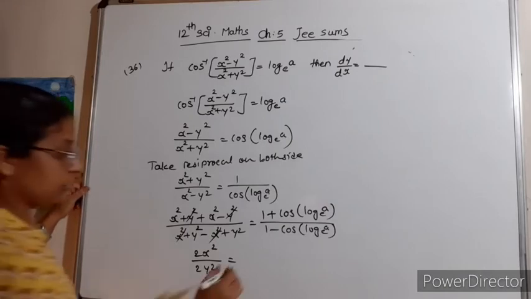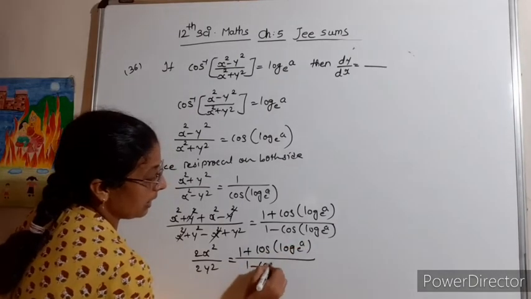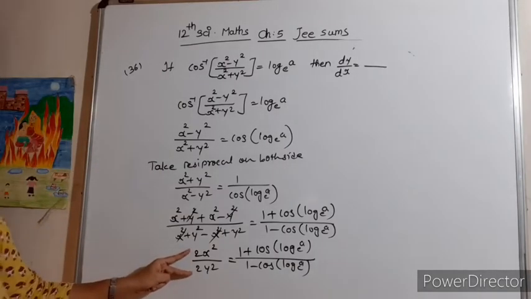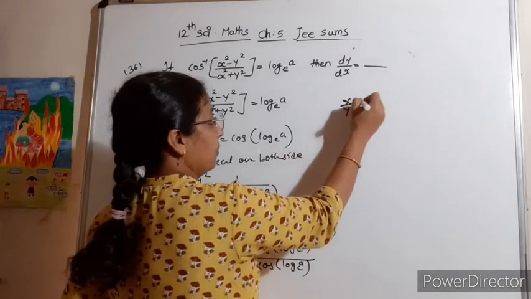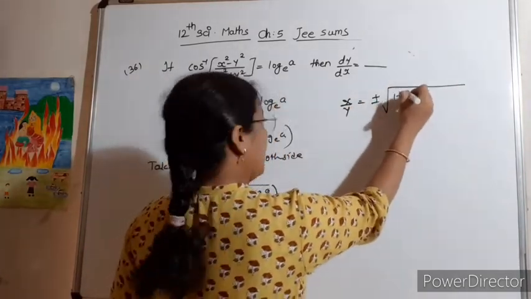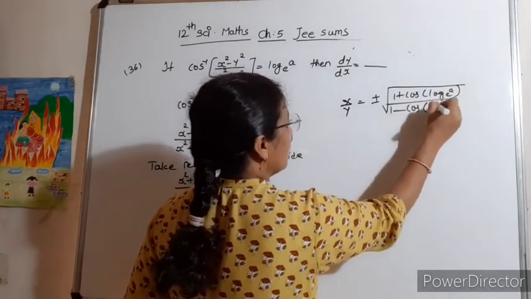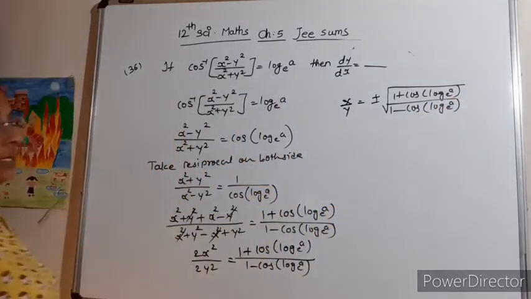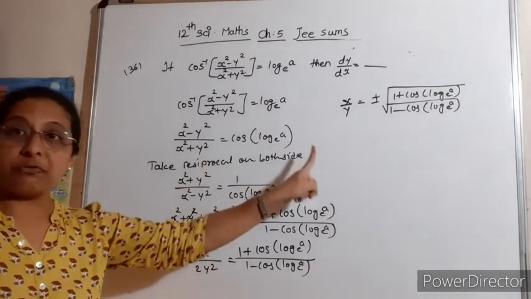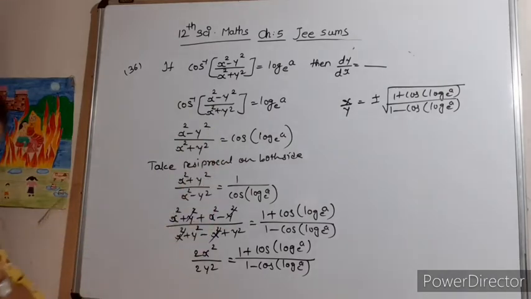And that is equal to 1 plus cos log a base upon 1 minus cos log a base. 2 cancel and we will take x upon y is equal to plus or minus under root of 1 plus cos log a base upon 1 minus cos log a base. You understand that? 2 हमने कैंसिल कर दिया. x square upon y square को मैंने x upon y लिया. So that means take the square root on both the side. So that is equal to, ये मिला.